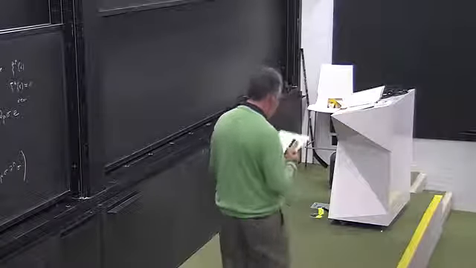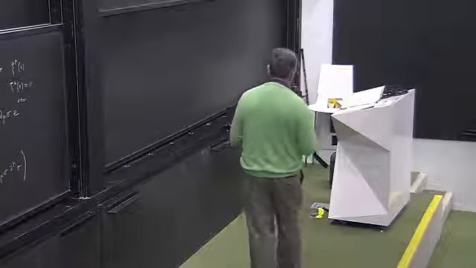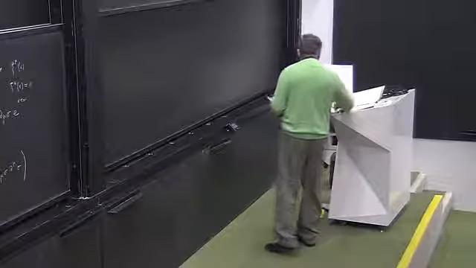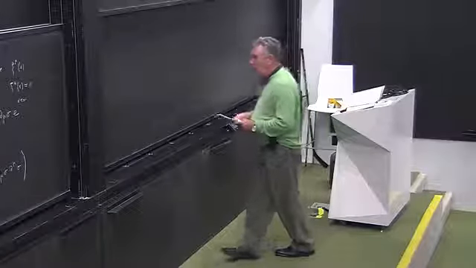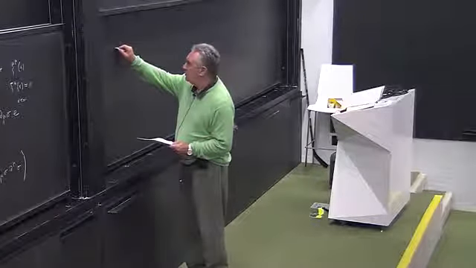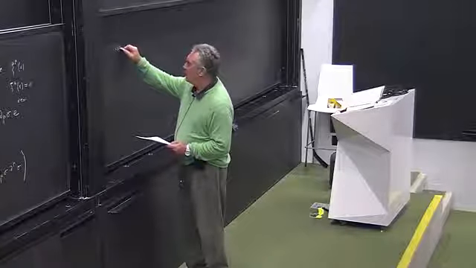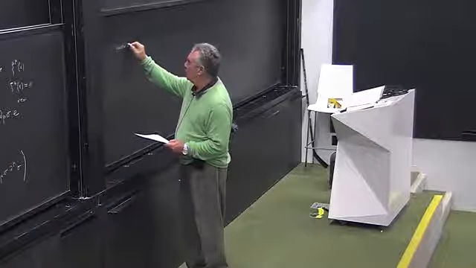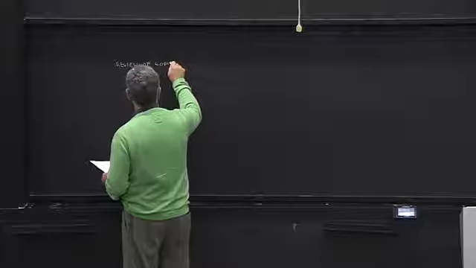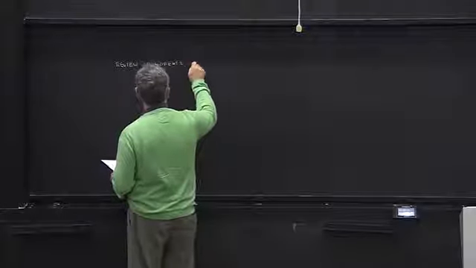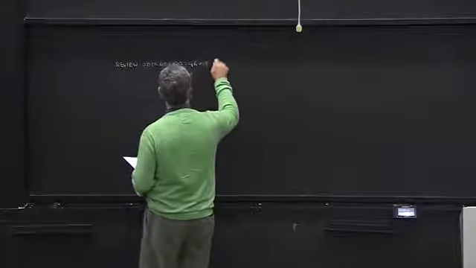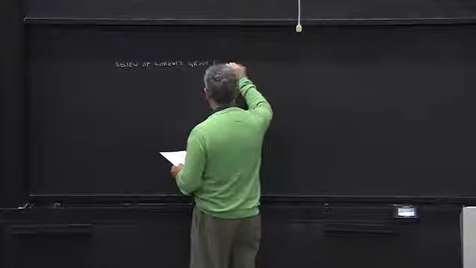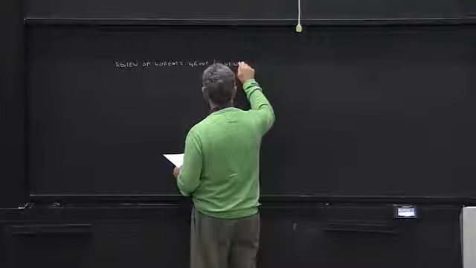We have to invoke these Vierbeins. But we need to say a little bit more about the Lorentz group than we've said so far. And this is in Weinberg, page 58.